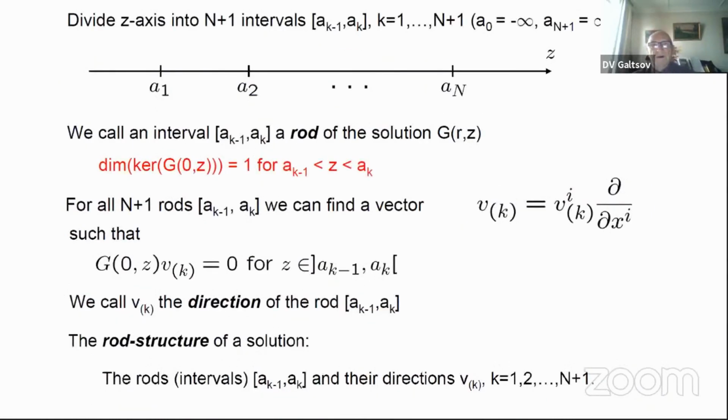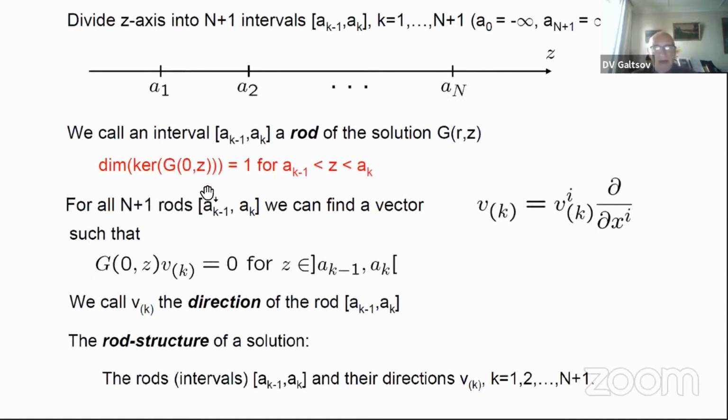But actually, you can do the following. You first solve this equation for zero eigenvectors of the matrix G, and you find that there is a unique eigenvector for each interval between turning points, and you have to match them, of course, at the turning points.